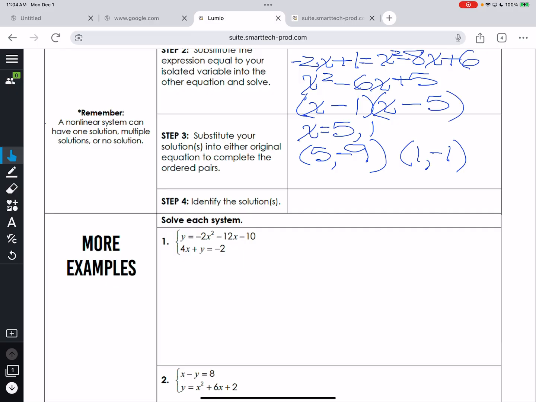So we have y equals negative 4x minus 2. And so make those equal each other. Once you add them together, can you simplify?